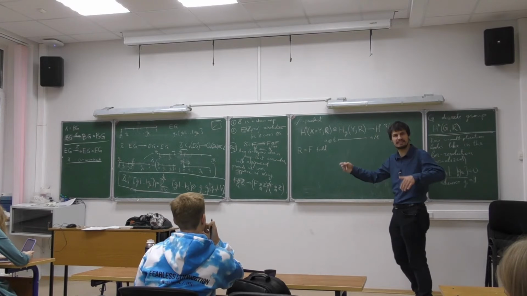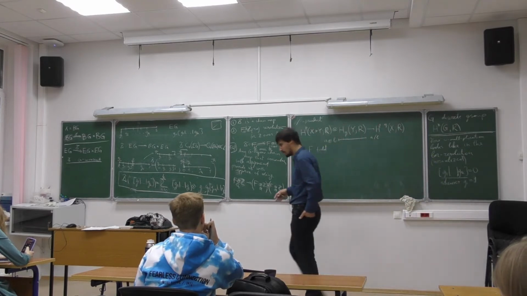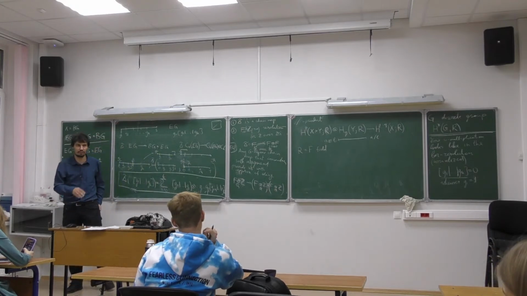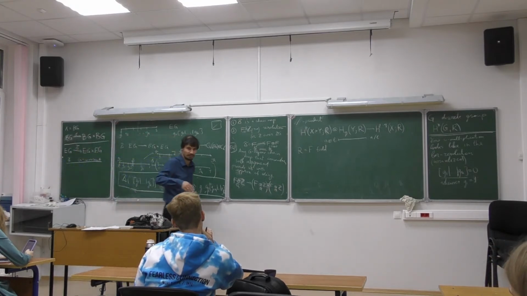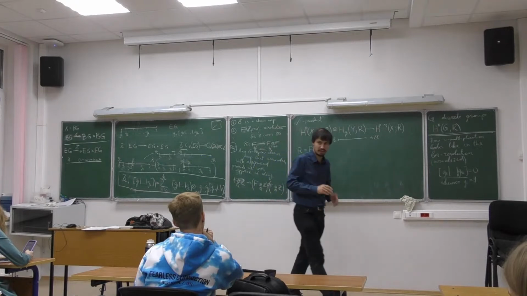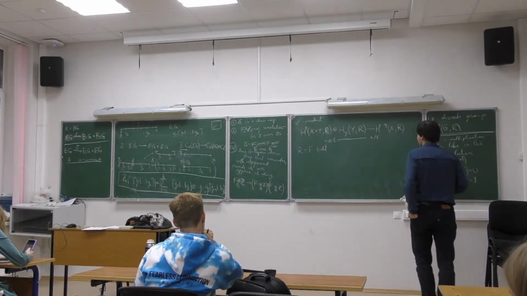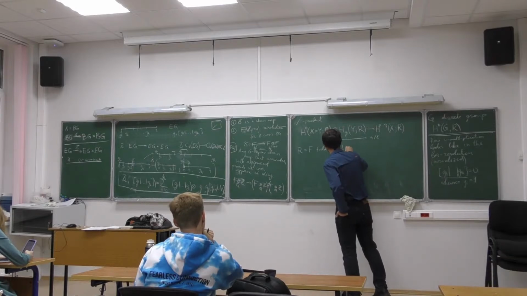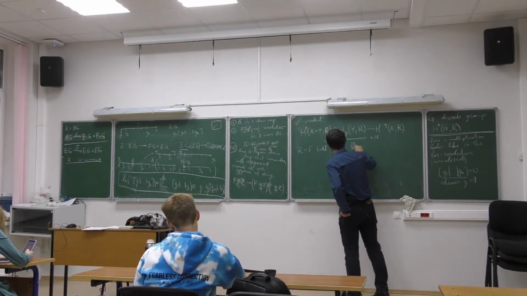Each skeleton consists of finitely many cells. So we can have infinitely many cells, as for instance for RP infinity or CP infinity, but we have finitely many cells up to every dimension.